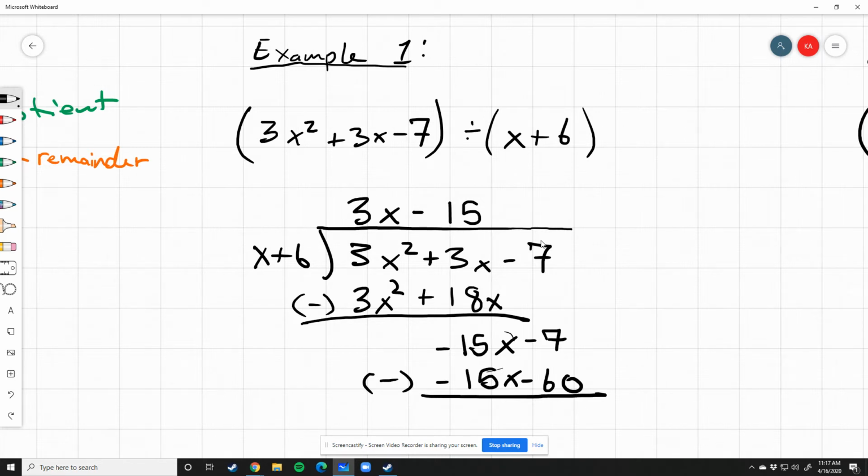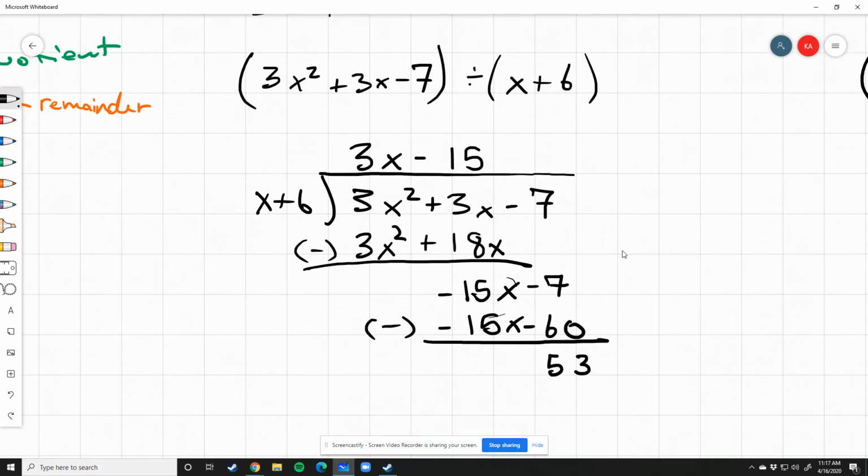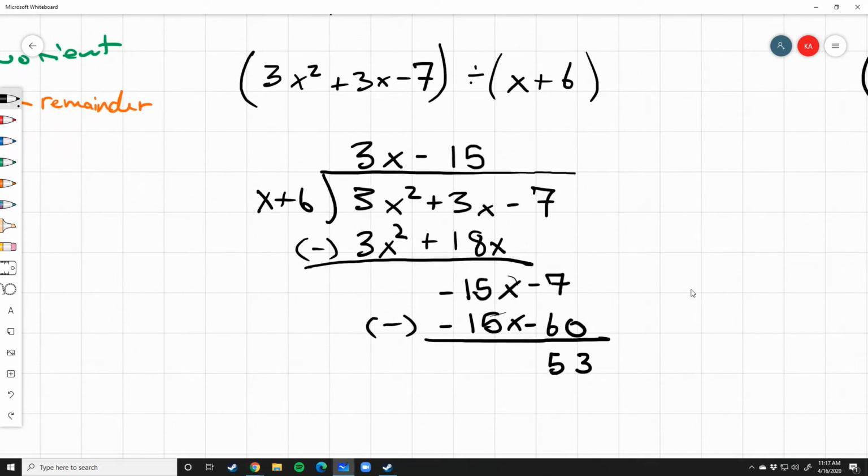So that makes these cancel. And then negative 7 minus negative 60, or really negative 7 plus 60, is going to give us 53. And then we'd say, well, there is nothing that I can multiply x by to turn it into 53. So this 53 is just my remainder.